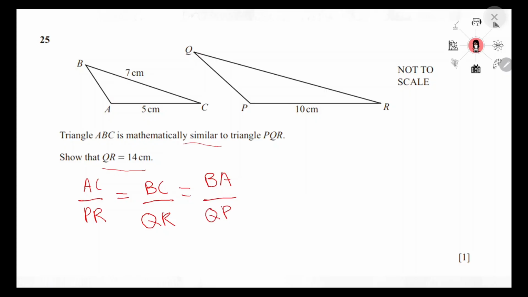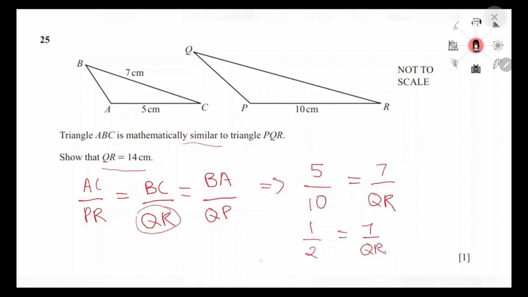So what we need to find out is QR. We know that AC is 5, PR is 10, BC is 7, and QR is what we have to find. 5 by 10 can also be written as 1 by 2 equals 7 by QR. We'll cross multiply and get QR equals 7 times 2, which gives us 14. Thus that's the answer.